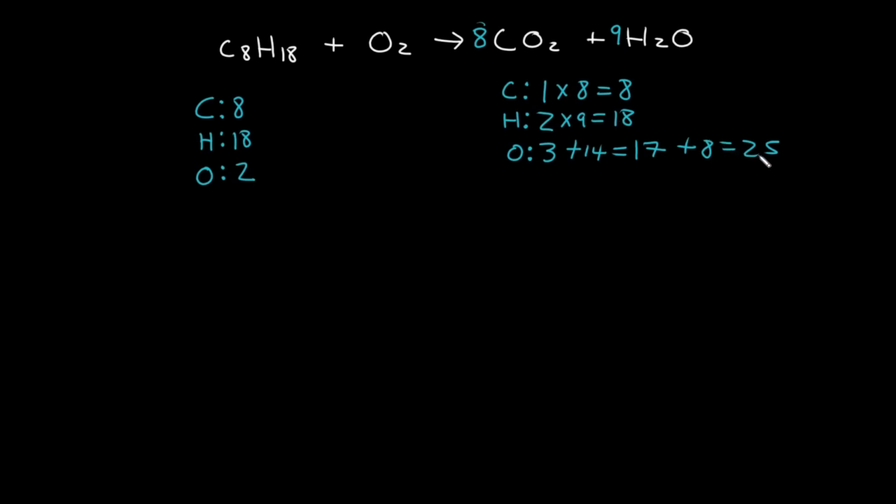So now everything is balanced except the oxygen. And again, we have to use fractions to solve this. So we can multiply it by 25 over 2, and that'll cancel, and we'll have 25 oxygen atoms on the reactant side, the same amount of oxygen.